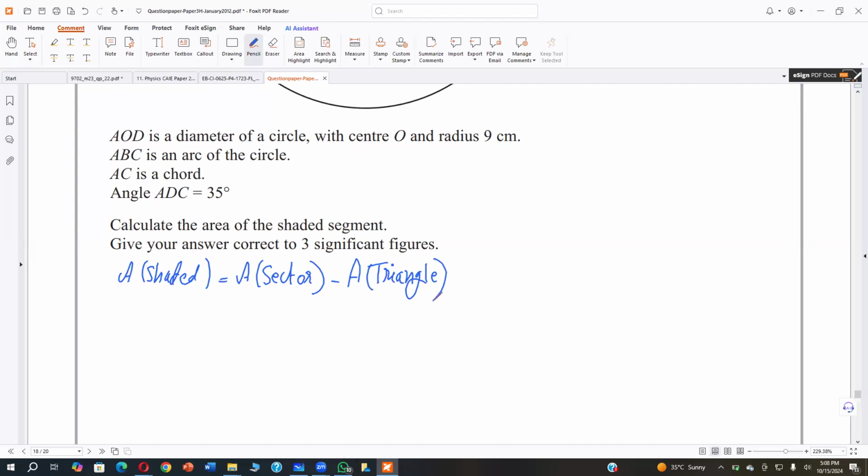Look at this. Now, how do we find the area of that sector?